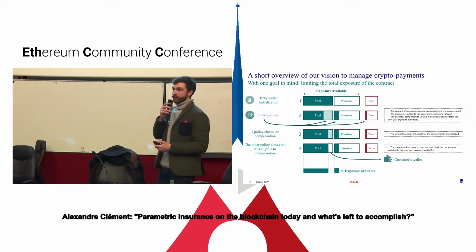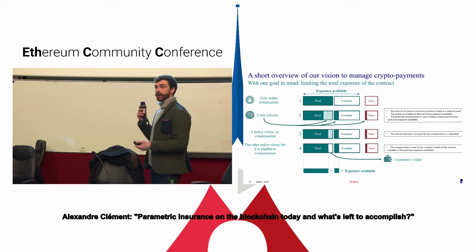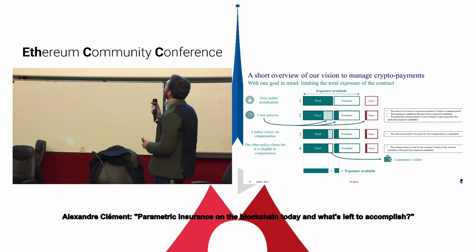The amount of taxes also has to be stored independently for us to be able to withdraw it at any time. The taxes on insurance products that AXA owes to the regulator. If a policy closes and there is no compensation, the value of the potential compensation we could have sent is provided back inside the pool, and it's unblocked for someone else to book a policy with it.